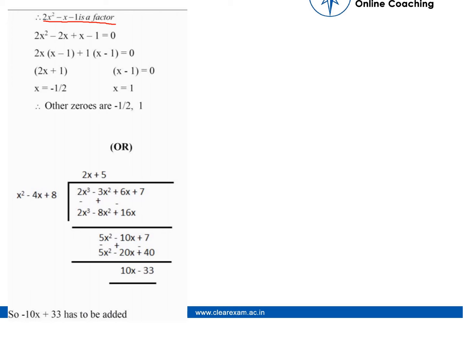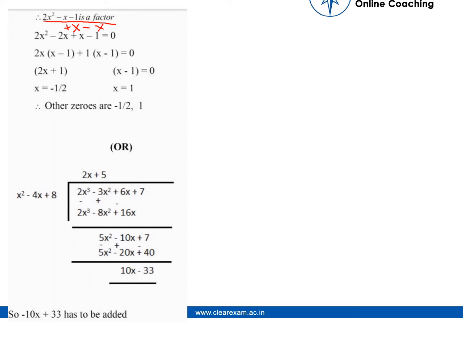For finding the solution, we can add +x and −x, which is basically 0, so it does not affect. We can add anything and subtract the same value in any polynomial, because to find the other two zeros we need to solve this quadratic equation.